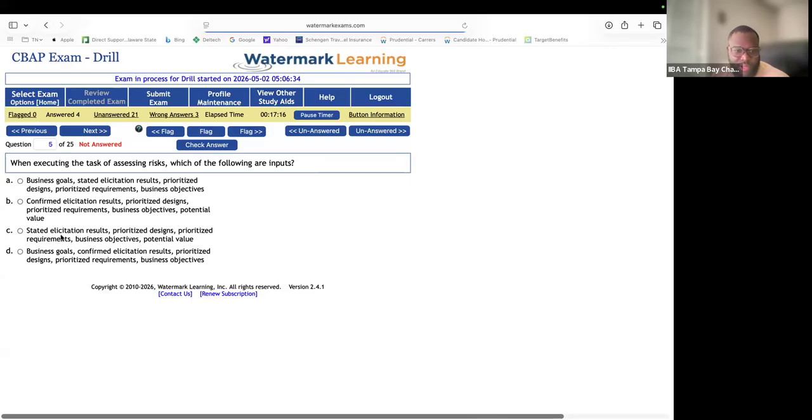C, state elicitation result, prioritize design, prioritize requirement, business objective, potential value. D, business goal, confirm elicitation result, prioritize design, prioritize requirement, and then business objective. Let us take a few moments to review this, and then we can start by eliminating what we think is not part of it.